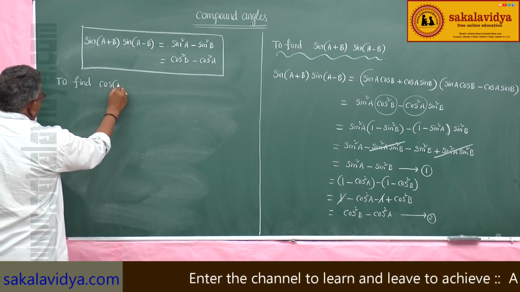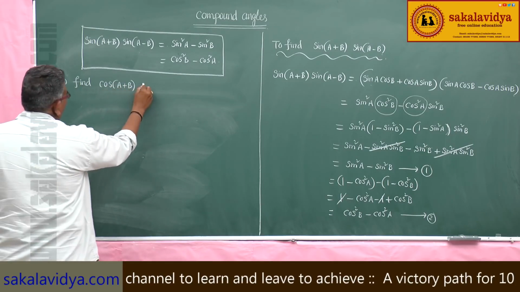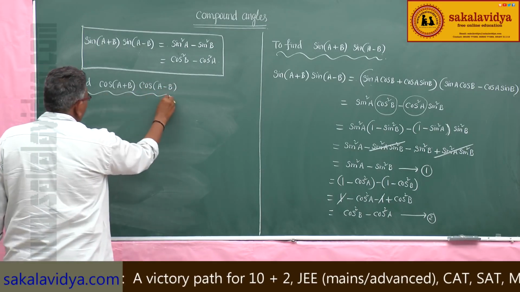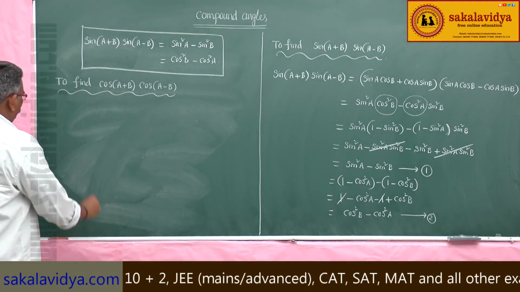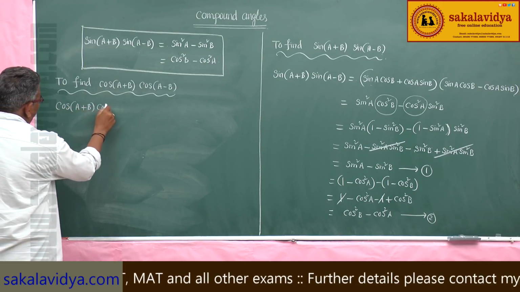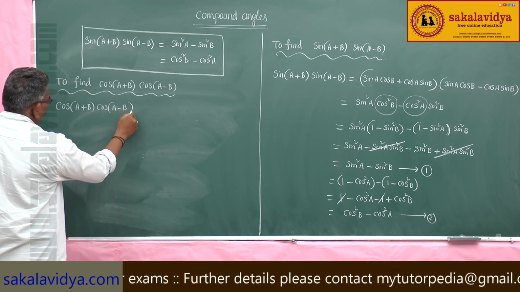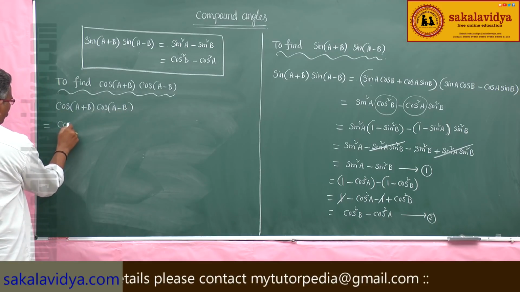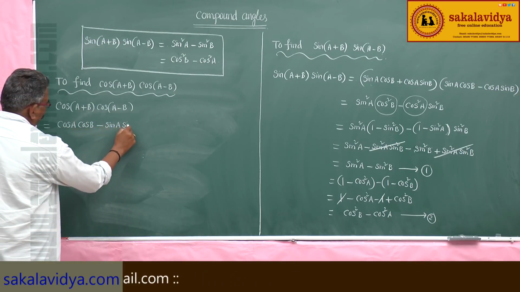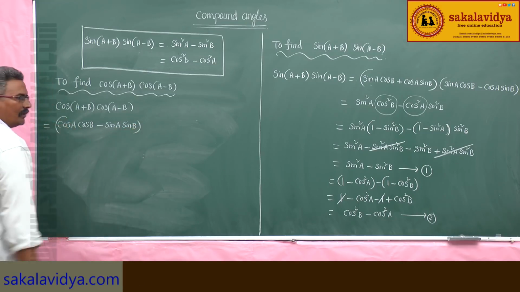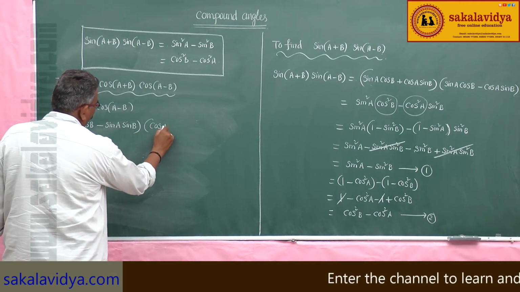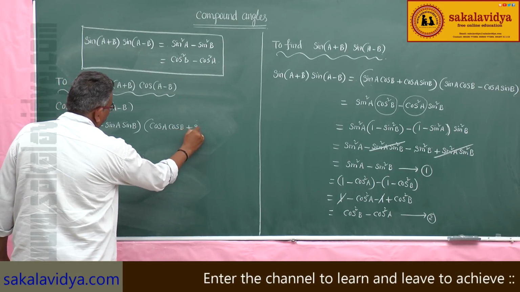Cos of A plus B into cos of A minus B is cos A cos B minus sin A sin B, into cos of A minus B, which is cos A cos B plus sin A sin B.